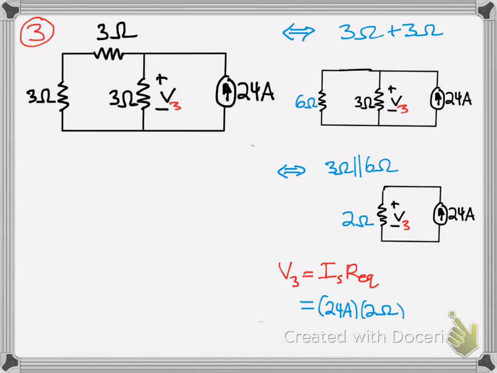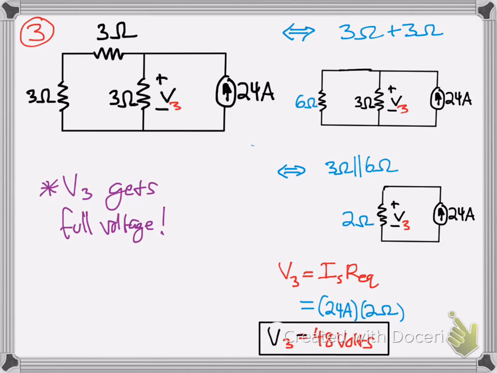So when we find the voltage here, which is 24 times 2, we get 48 volts. That means V3 gets the full voltage, because when we reduced the circuit into a single equivalent resistor, V3 was not divided or hidden among those resistors. It was the exact resistor we were looking for, so we get the full voltage.